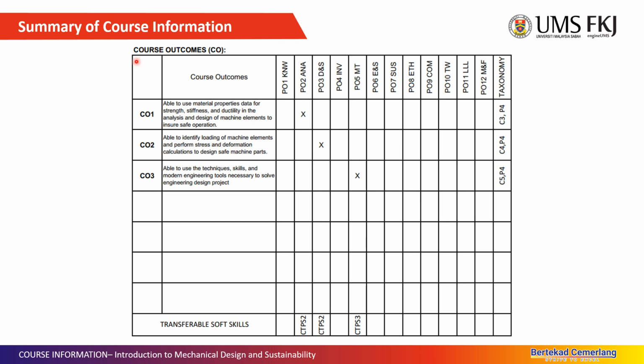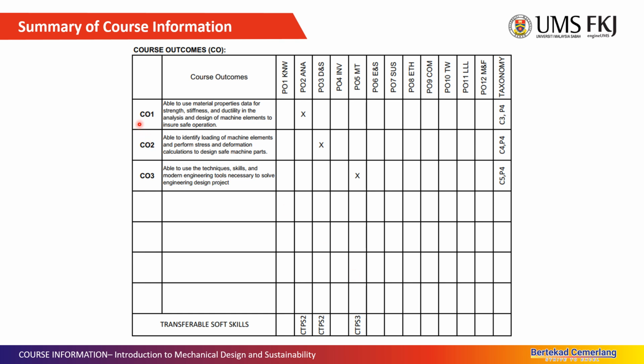So the course outcomes for this KM30903, we have 3: CO1, CO2, and CO3. We map them to the program outcomes PO1 until PO12, and also the taxonomy in this column, and the transferable soft skill in this row.